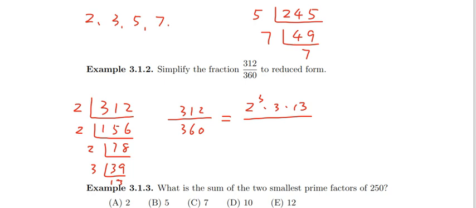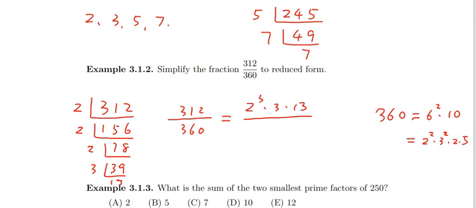And let's do the same for 360. So 360 we can also factor this way, because 36 is 6 squared. So 6 squared multiplied by 10. 6 is 2 times 3, so 2 squared, 3 squared, and 10. We can also factor 10 as 2 times 5.